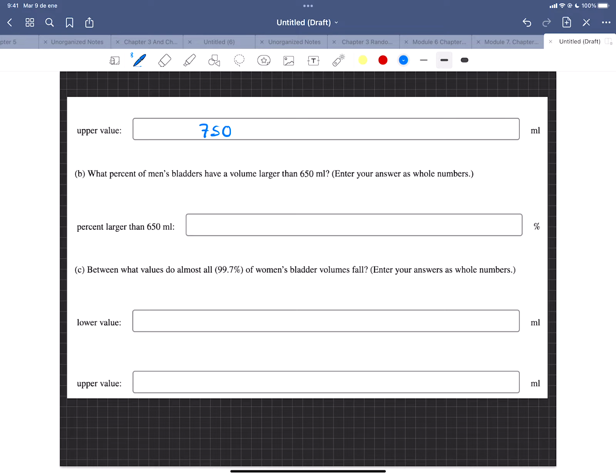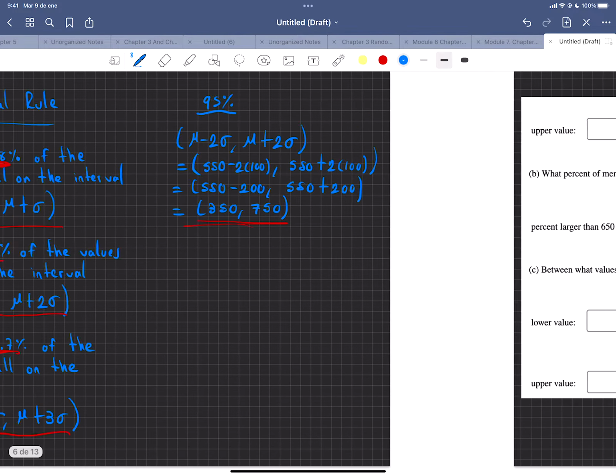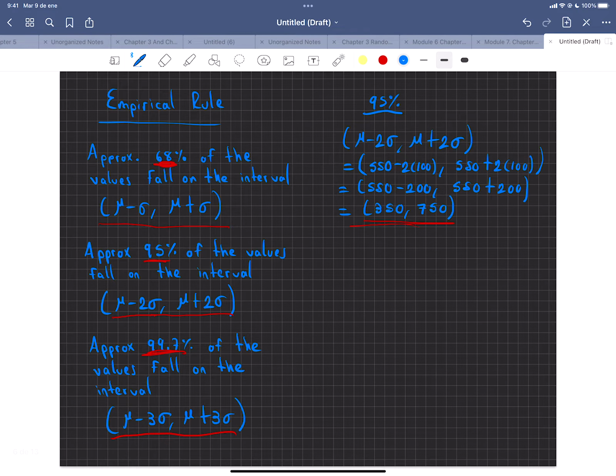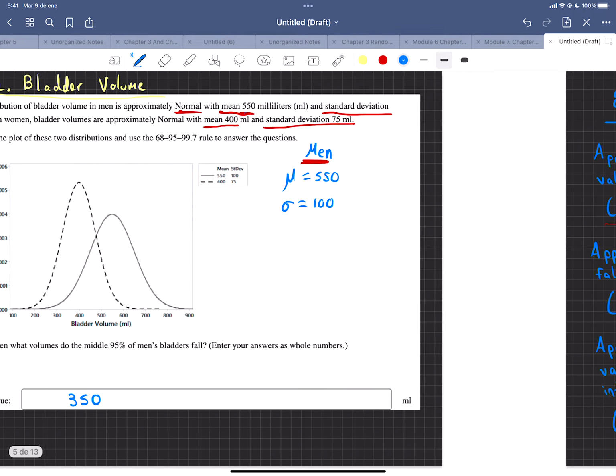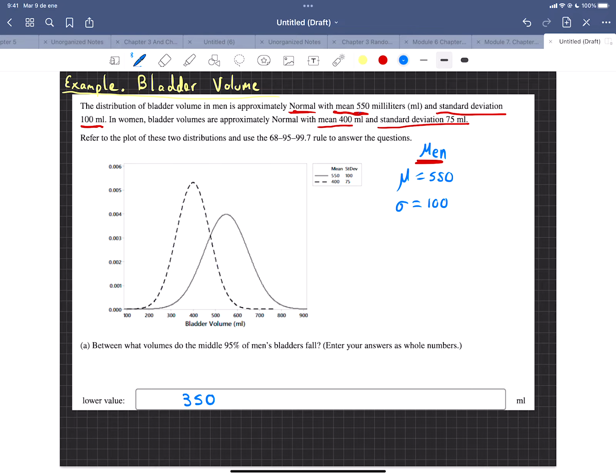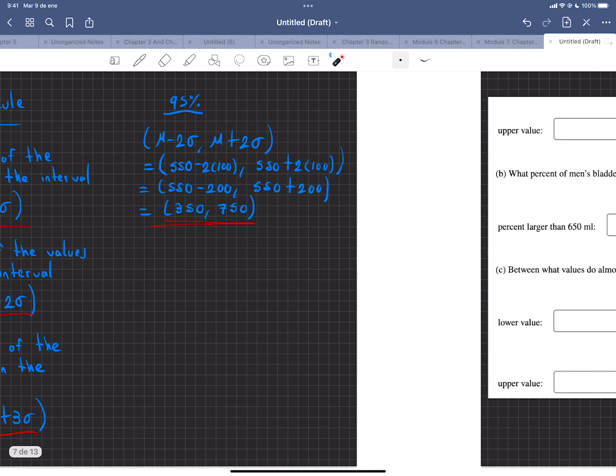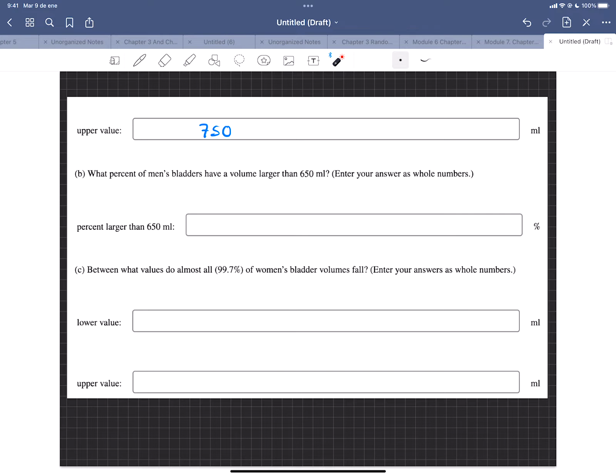Notice in our example, we're asking for what percent of men. So we need the information for men. For men, we have 550 and 100. You will need to enter this into Minitab. 550, 100. There you have.